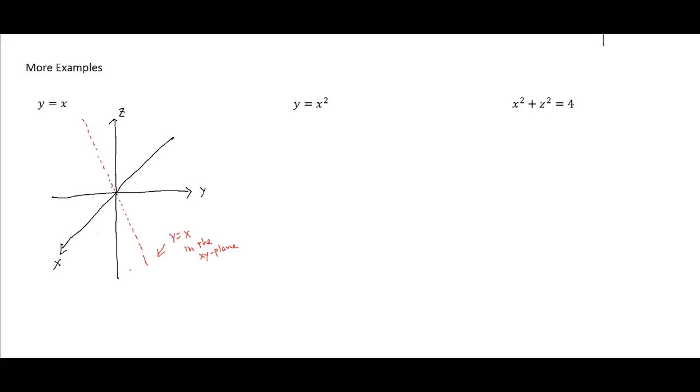So what we need to do then is that every single point on the line needs to extend straight up and down into the z direction. So even though I won't be able to draw this very well, this is going to be what the graph might look like.